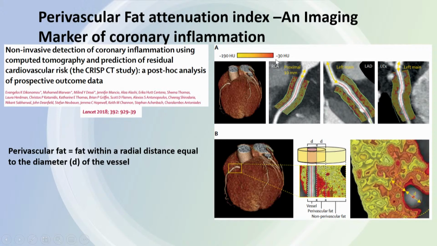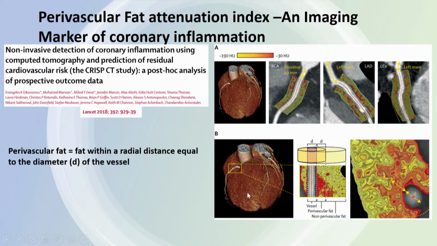They've color-coded it so that higher Hounsfield units are red to indicate more inflammation. The areas with more red, indicating higher Hounsfield units, are supposed to have more coronary inflammation. Remember, it's not inflammation in the fat itself, but the cytokines coming from the plaque in the adjacent arterial segment.